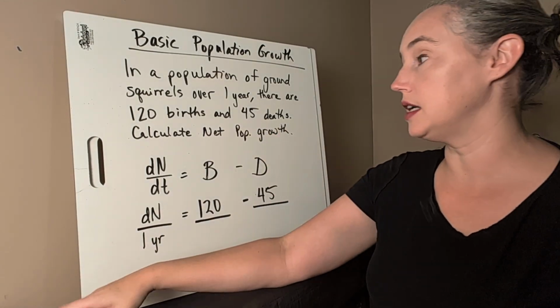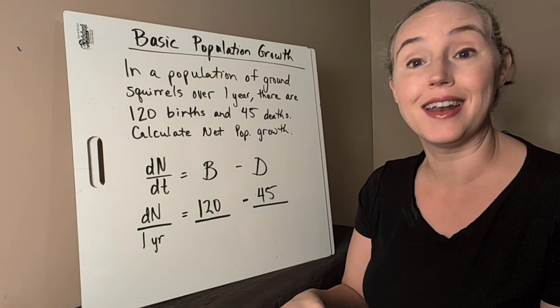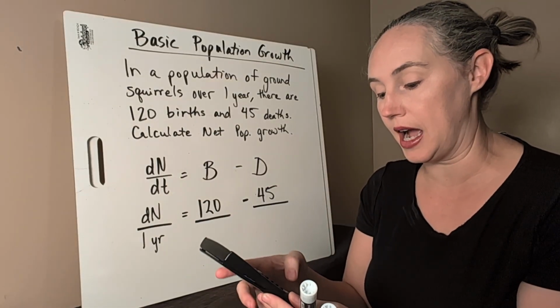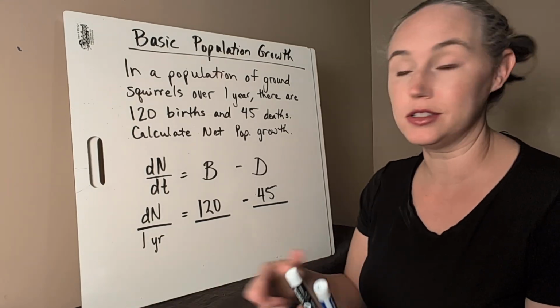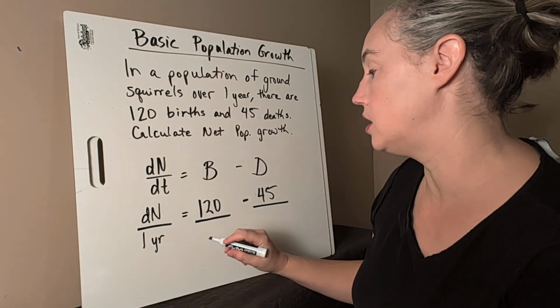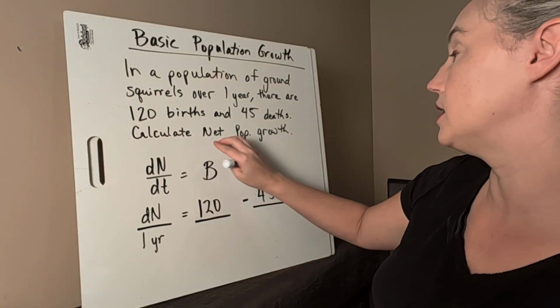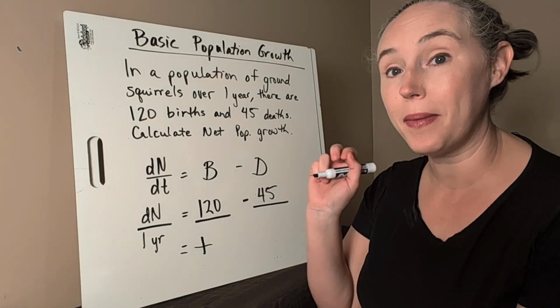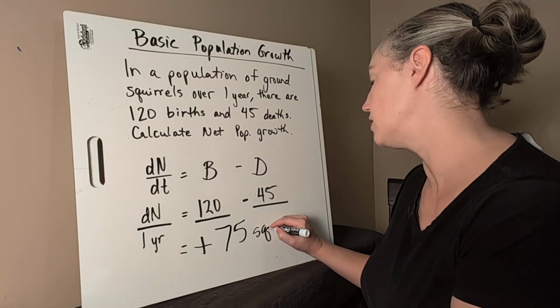45 is the deaths. And then, as always, use the calculator that you plan to use on the actual exam so that you're familiar with it. So the answer is 75. So the change in population, the net population growth, is an increase, positive 75 squirrels or individuals.